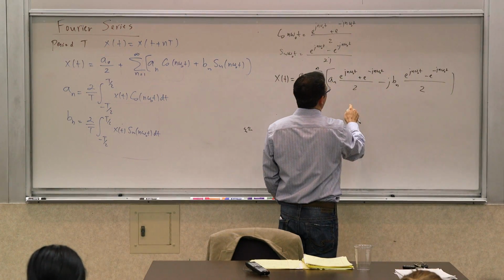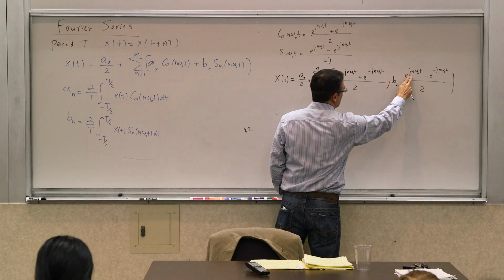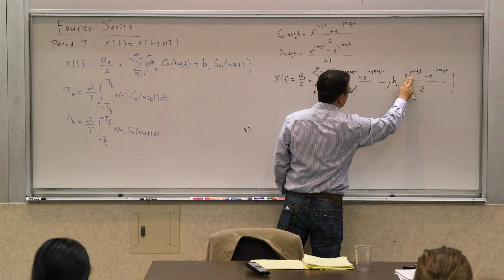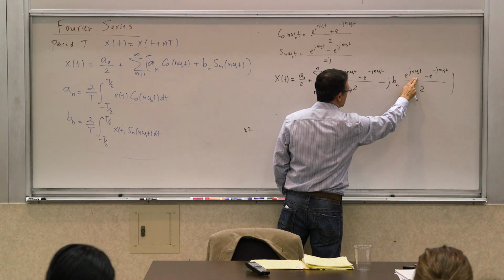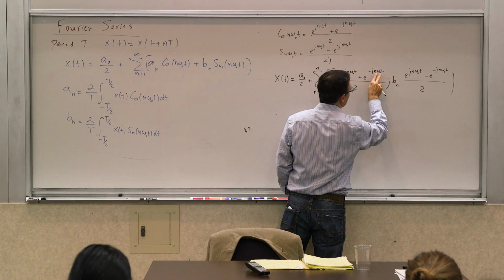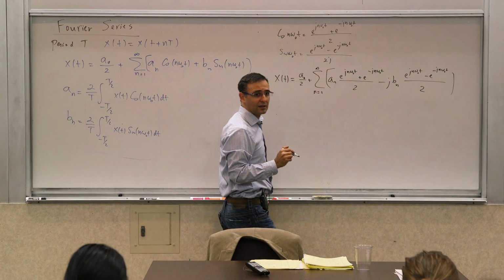Now you can see that I can put these e to the j n omega naught t's together and e to the negative j n omega naught t's together, right?